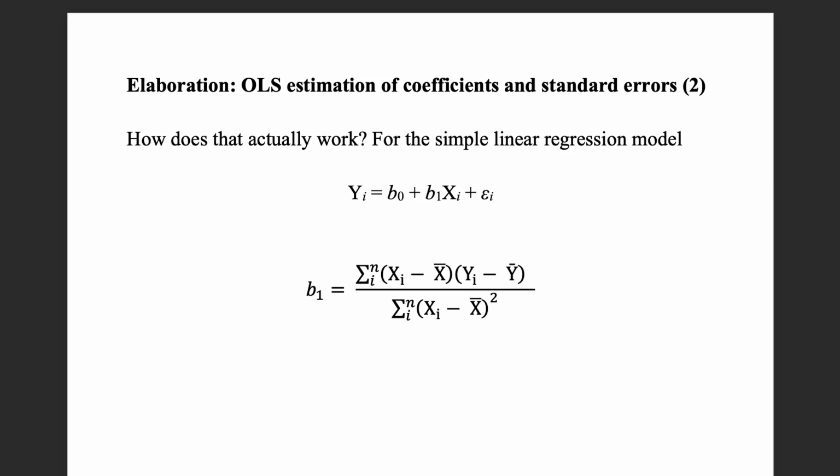Of course, we also need to know where to locate it on the y-axis, and for that we need to have the constant value, the b0 value, because that will tell us where that regression line intersects with our y-axis. And also for this, there's a relatively straightforward, simple formula. So y bar minus b1 times x bar, which means we take the mean value on our dependent variable and subtract from that the regression coefficient that we just estimated, so just found with this formula, multiplied by the mean value of the independent variable.